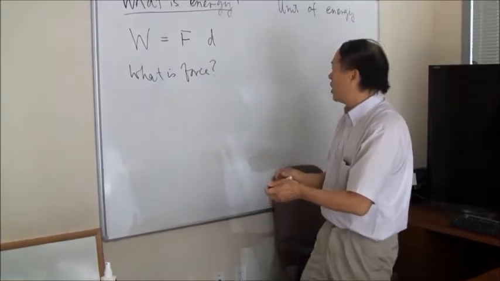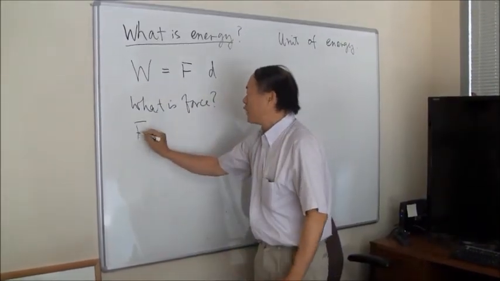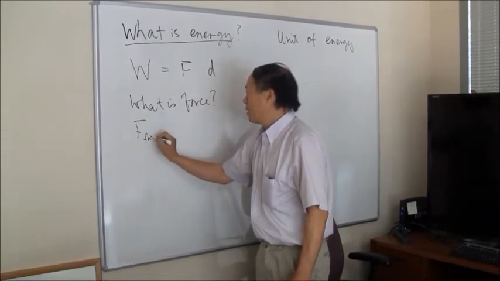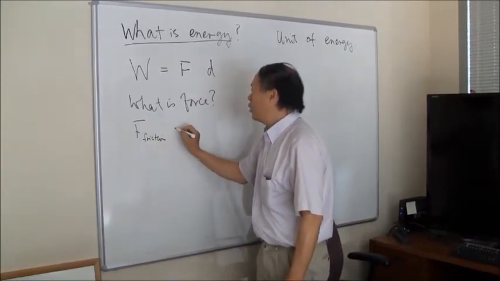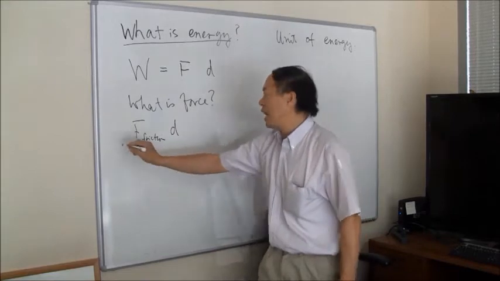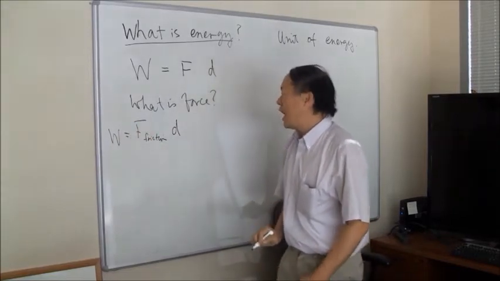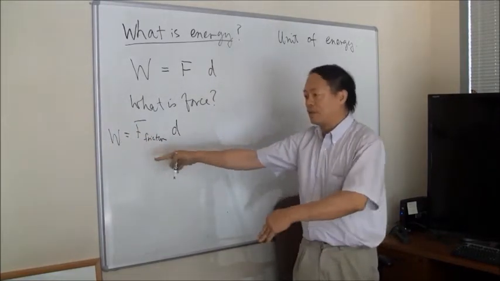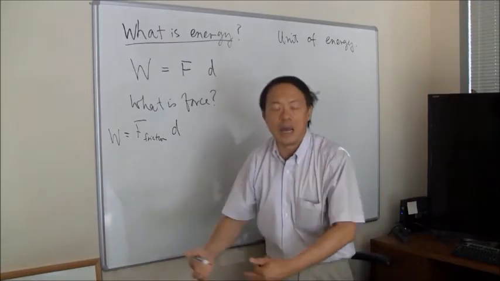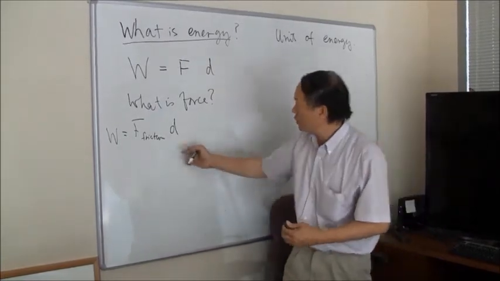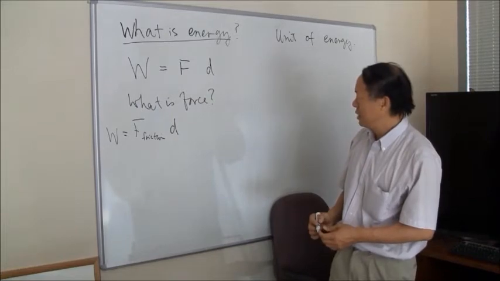So the force is then due to the force of friction. And if I move the table by a distance of D, again I've done work of F, exerted by the frictional force, times the distance D.